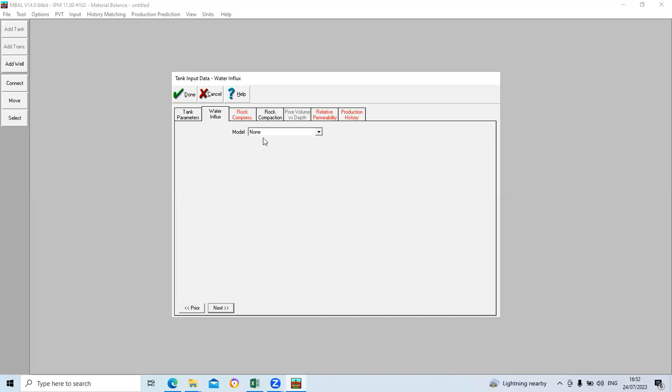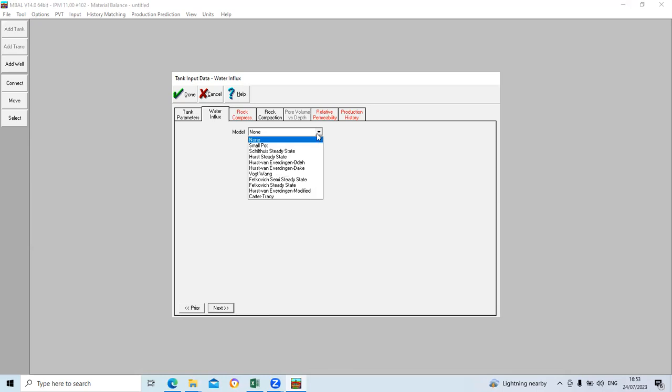So we generally have this water influx into the reservoir, so we are not going to say none. We are going to choose. There are so many models that can be used to understand how this influx takes place, various correlations.